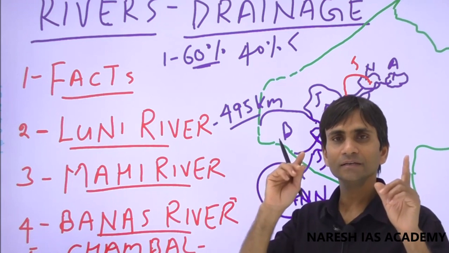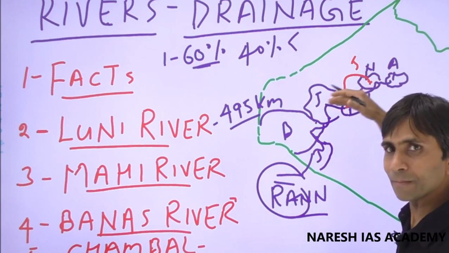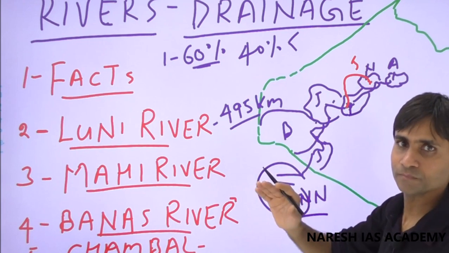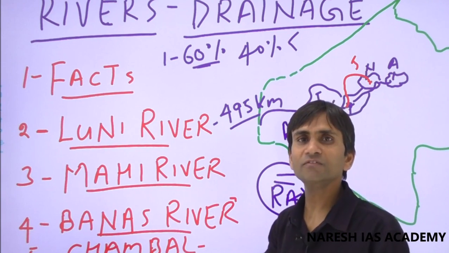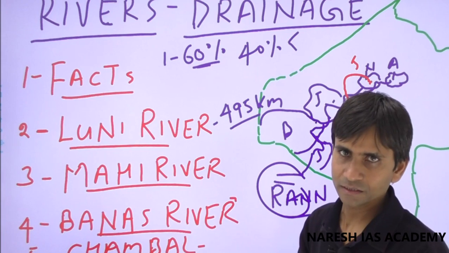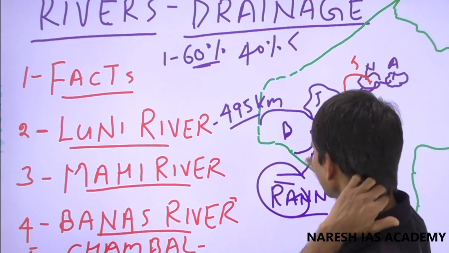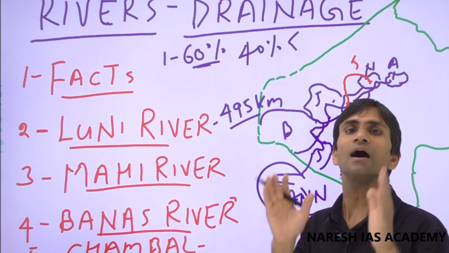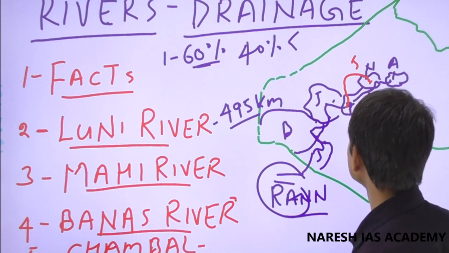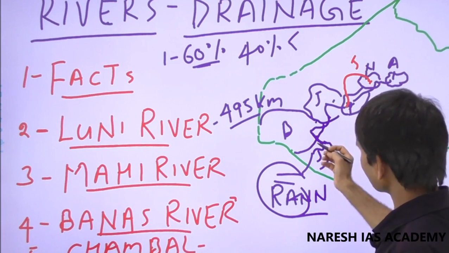The Jojdi is the only tributary which does not originate from the Aravalli hills. Otherwise, all the tributaries of the Luni river originate from the Aravalli mountain range.